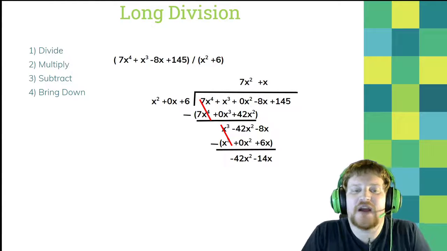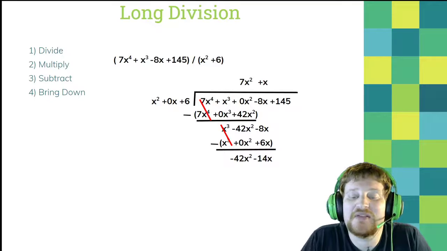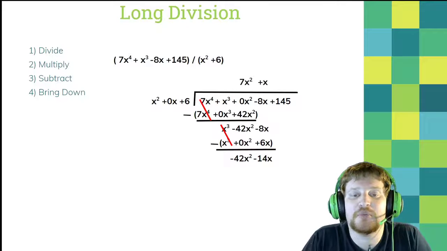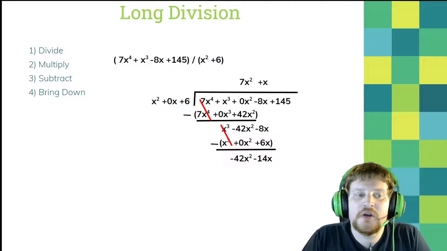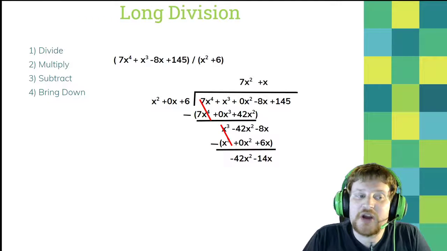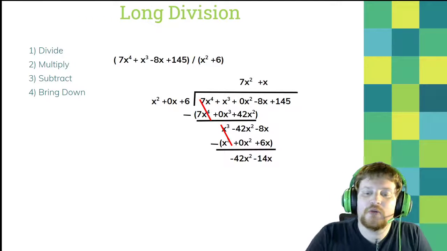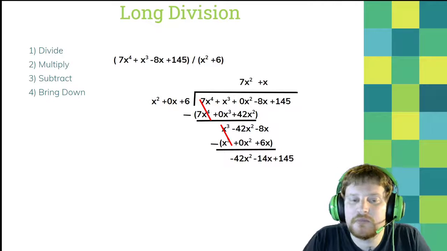Keep in mind that the vast majority of mistakes that are made in these problems are made with simple arithmetic. Feel free to use a calculator to do the simple addition and subtraction if you need to. Those are our only 3 subtraction steps there, so step 4, we're going to bring down the next item.